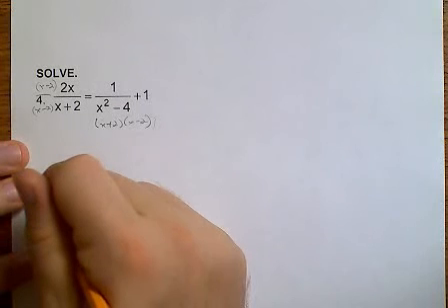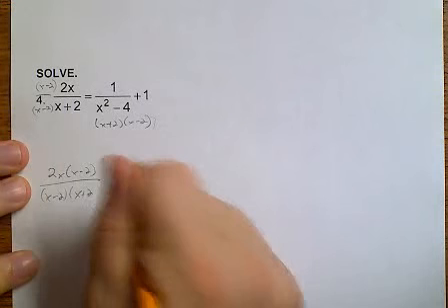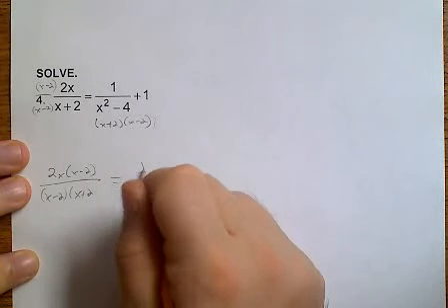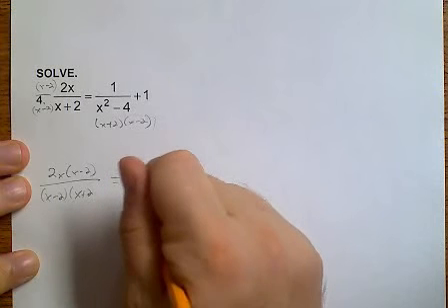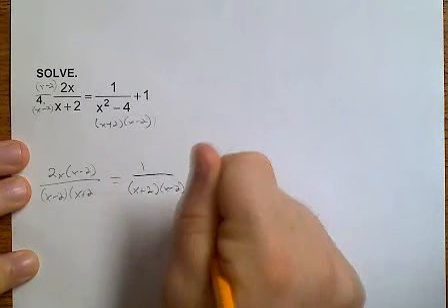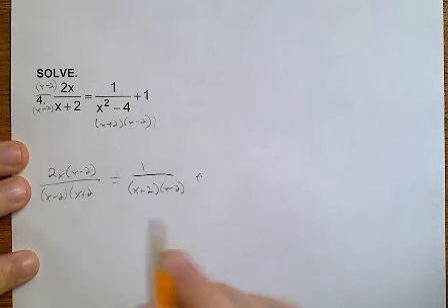over x minus 2, x plus 2 equals 1 over, we're just going to keep this stuff factored, plus, and this one, I need to turn that 1 into something I can use.